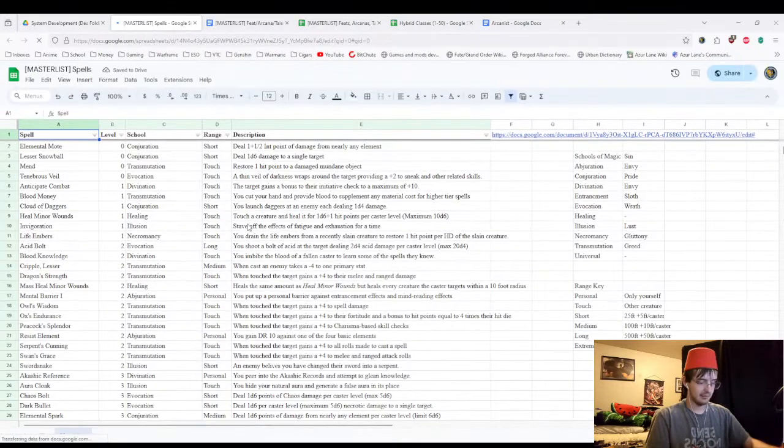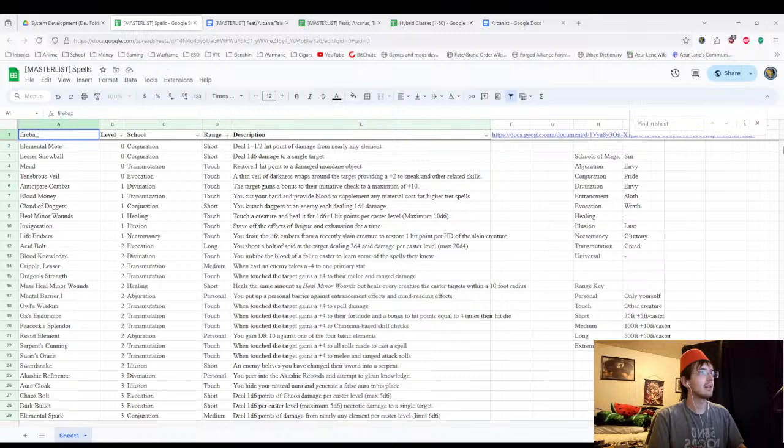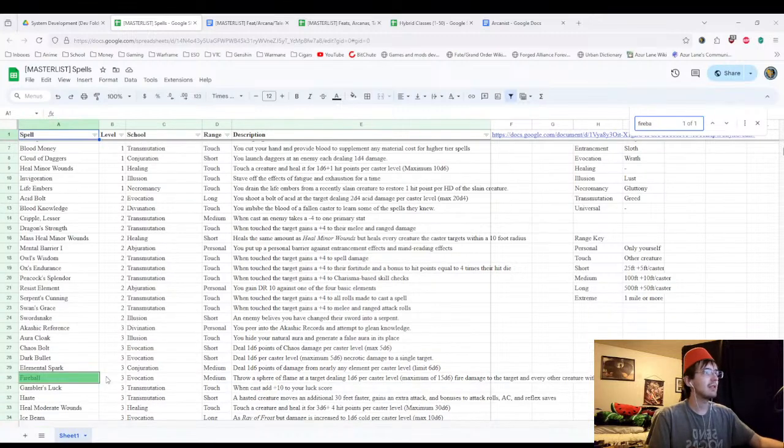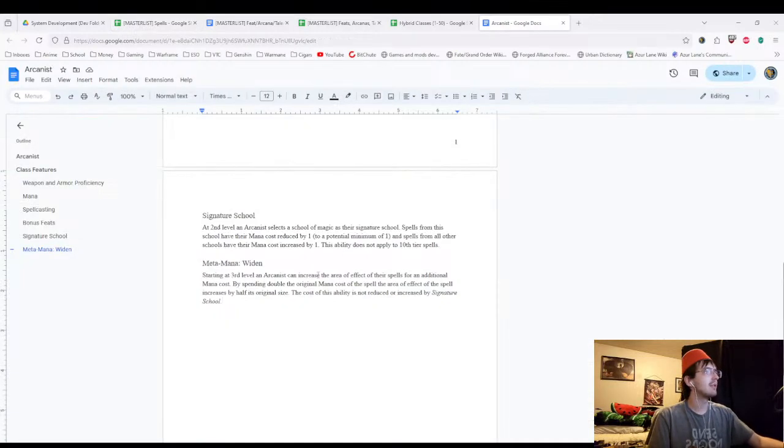What tier is it? Oh, okay. Fireball is a third tier spell. And Signature School reduces that cost to 2 mana points. However, when they cast it and use Meta Mana Widen, they increase the cost by 3, which makes it 5.